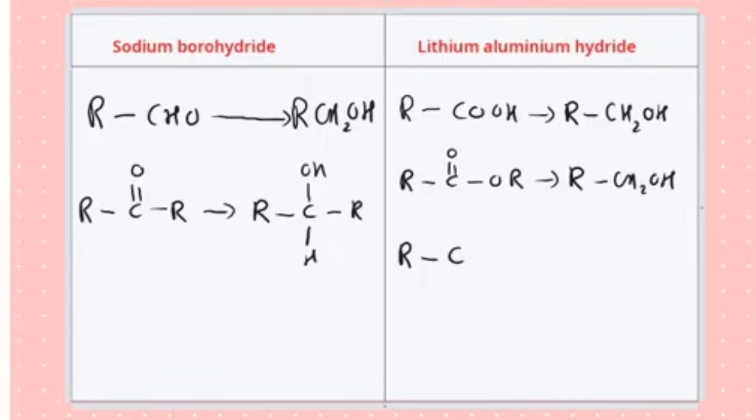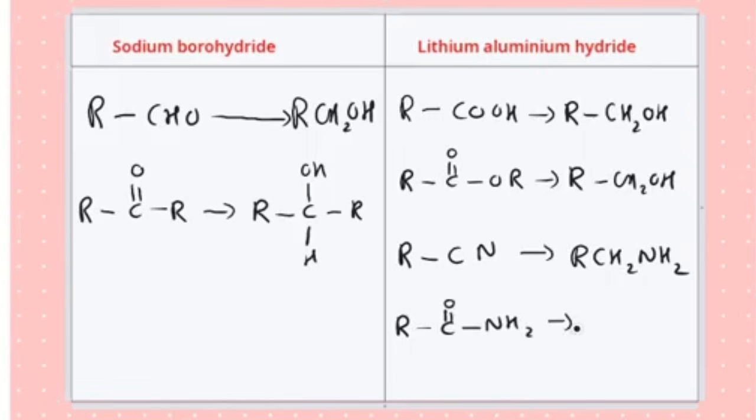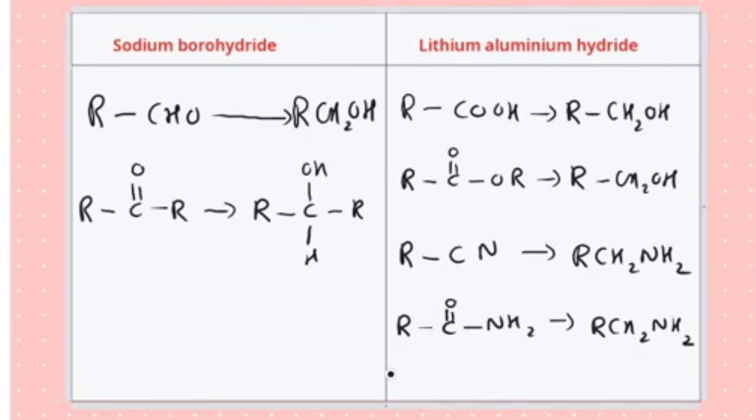It can even reduce nitrile cyano compounds to the corresponding amines. Not just that, it can even reduce amides, CONH₂, to form a primary amine.